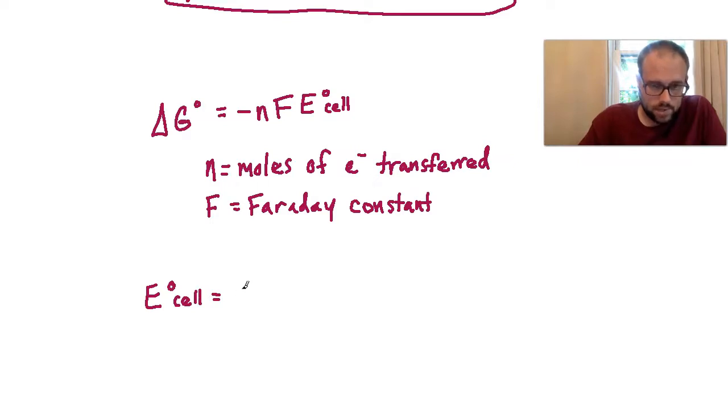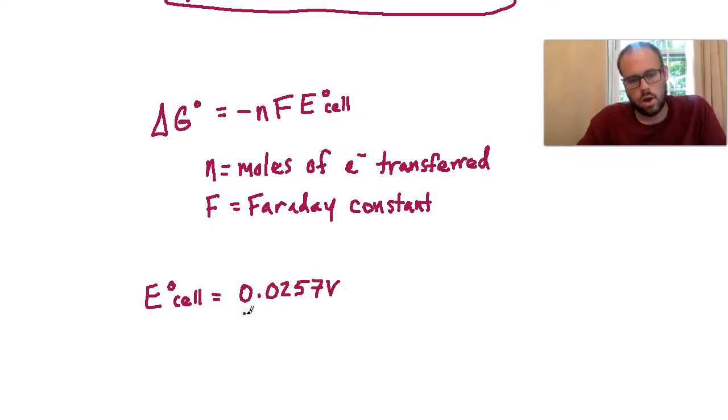And the value is E cell equals 0.0257 volts over N, same N as before, and that is times the natural logarithm of the equilibrium constant. All right, so this setup right here can tie equilibrium constant in with E cell.